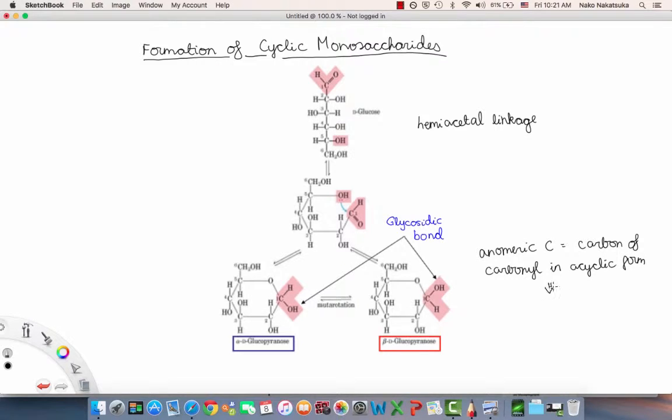And this also ends up being the point of attachment to other monosaccharides. And so let's walk through this one more time.